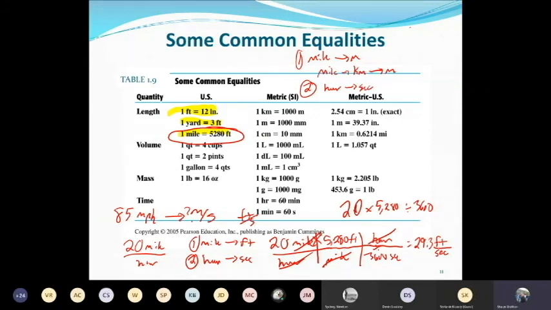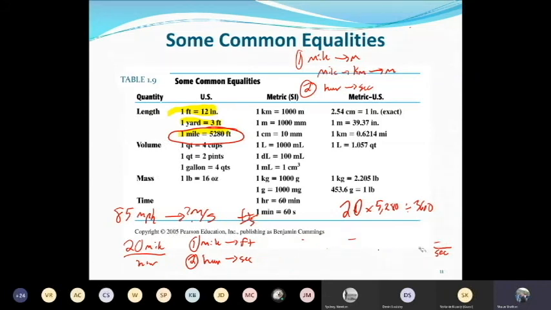So let's start this problem here. I'm going to erase this stuff down here so I have a little bit of room. All right, so to do this, we're going to have 85 miles per hour. I'm going to convert miles into kilometers first.